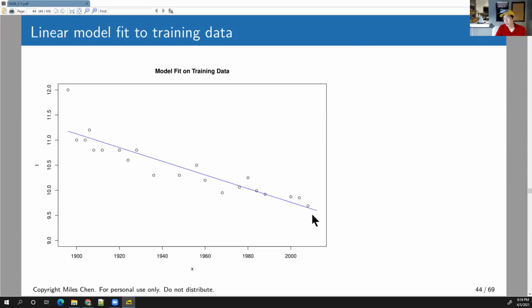First, we fit a linear model to the remaining points. I have 21 dots remaining, and I fit a linear model to these 21 points. This is the line that gets fit, and then we ask how well this line, fit to the training data, the 21 remaining points, predicts the 7 points in our validation set.